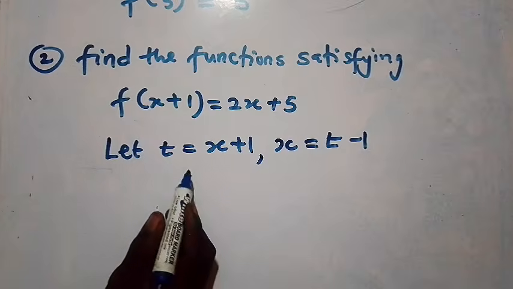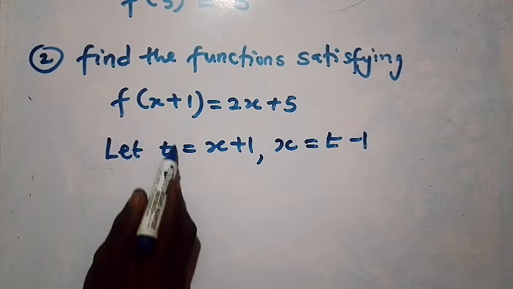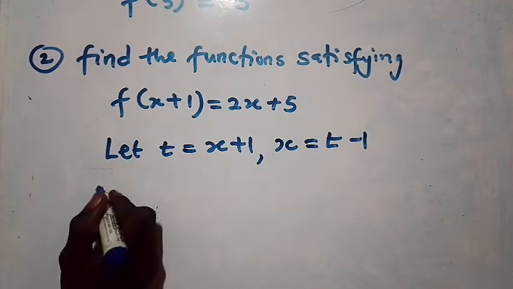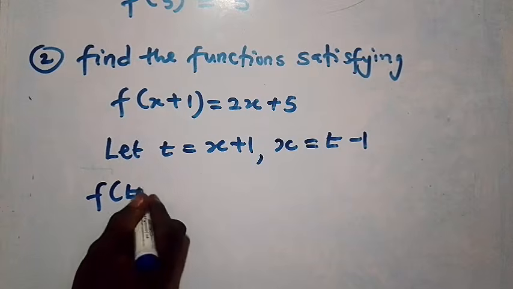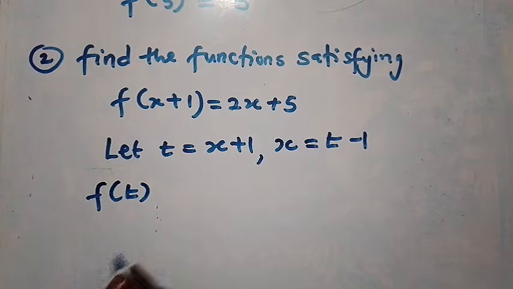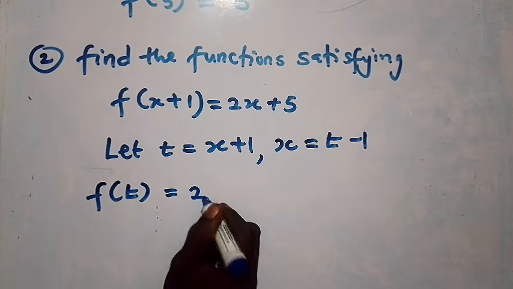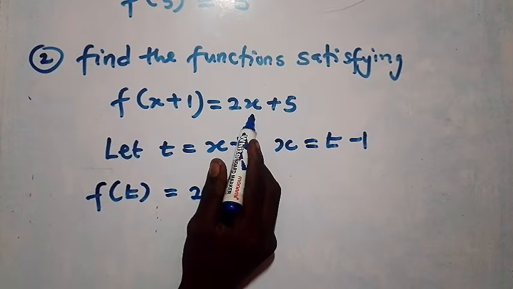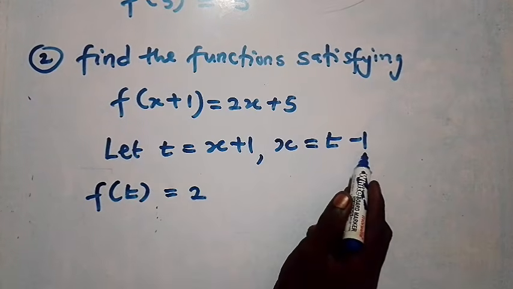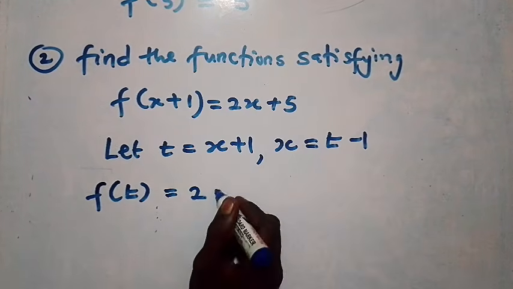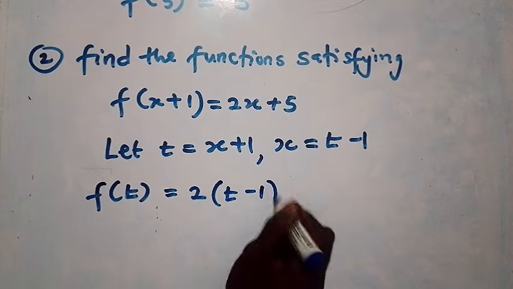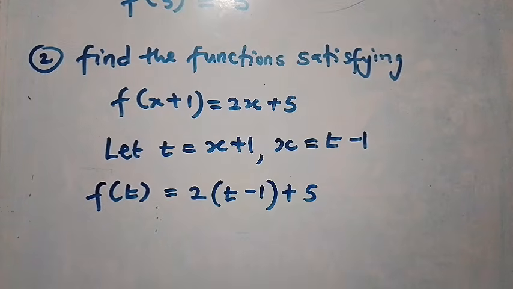Now, anywhere we find x plus 1, we just replace it by t. Then we have f of t will be equal to 2, this is x, and we said x is equal to t minus 1, t minus 1 plus 5.